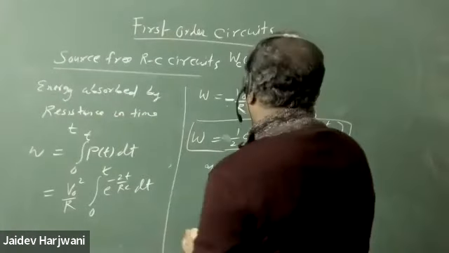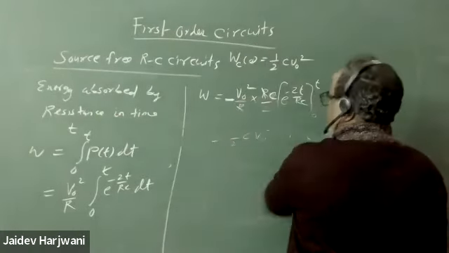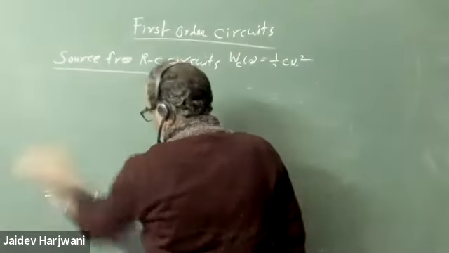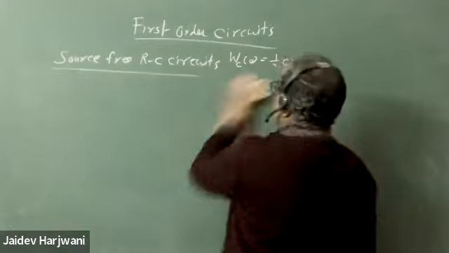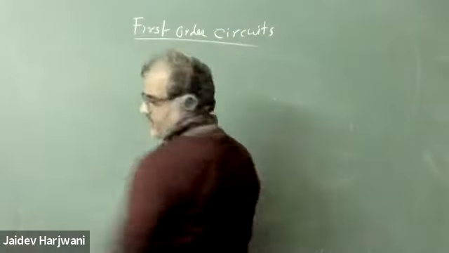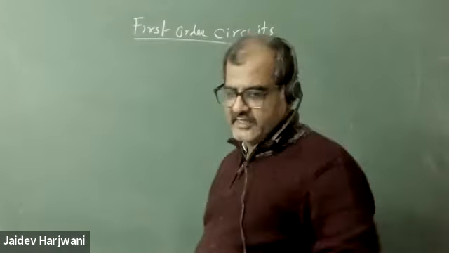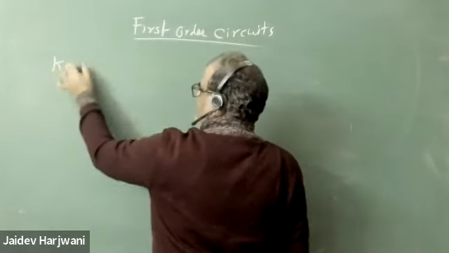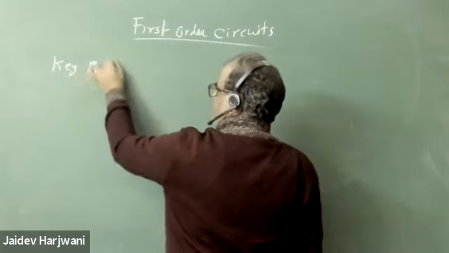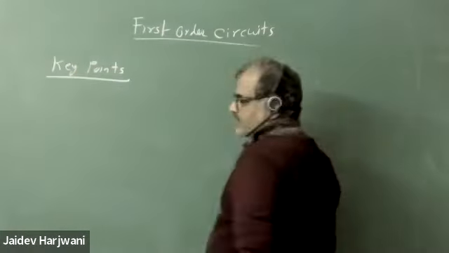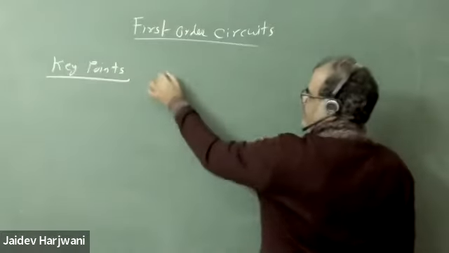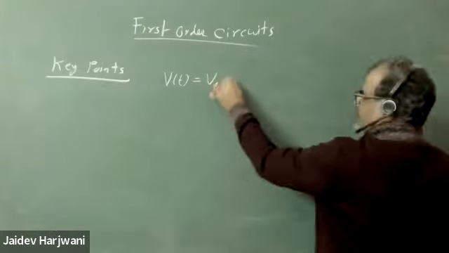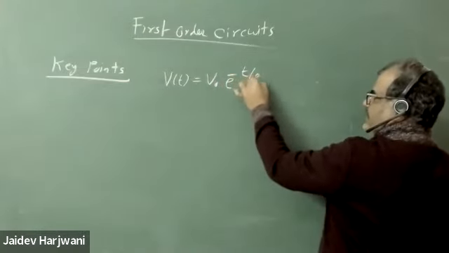So in order to deal with this kind of question, what should we do? The key points I'm telling here are general, and you can apply them to any RC circuit. So the key points to deal with this kind of circuits: you should know that at any time the voltage V(t) is V naught e power minus t upon RC.